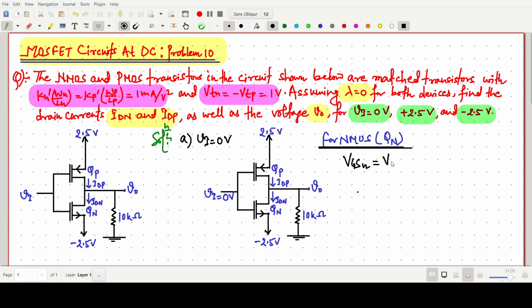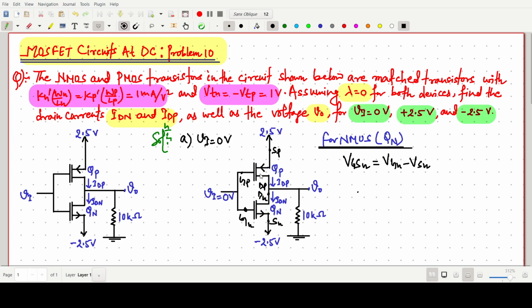It should be VGN minus VSN. Here this terminal is the gate, source, and drain of NMOS, so we can also write N. And this one is the drain of P, gate of P, and source of P.